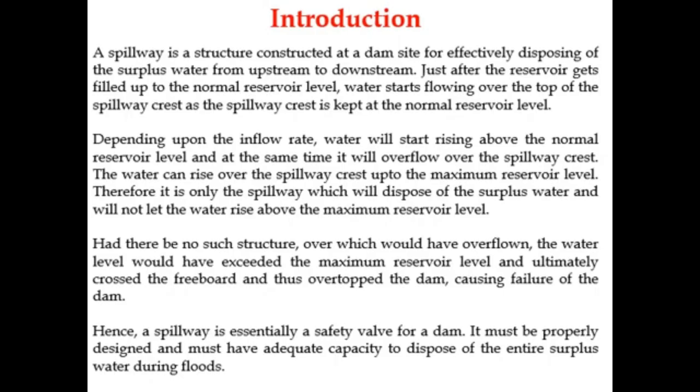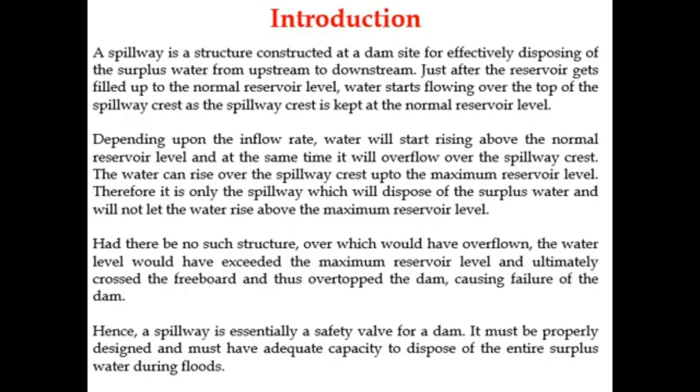Water cannot rise above the maximum reservoir level. Therefore, if the spillway is provided, it will dispose of the surplus water to the downstream side as well as not allow the water to rise above the maximum reservoir level, because spillways are designed for the design head. The design head is the difference between the maximum reservoir level and the crest of the spillway.